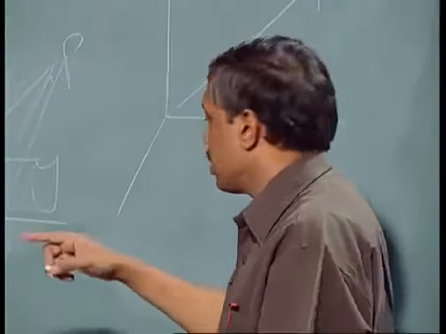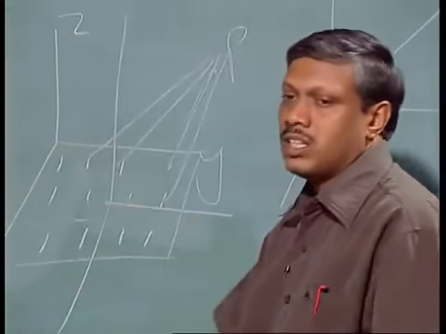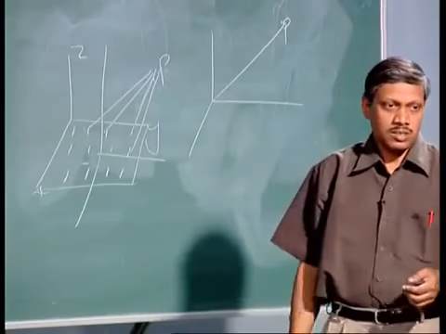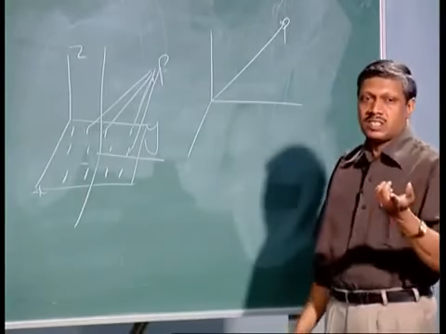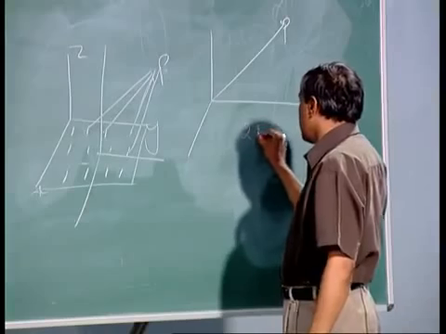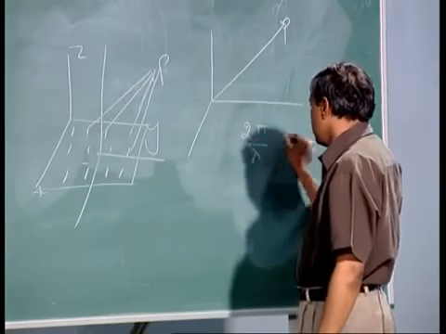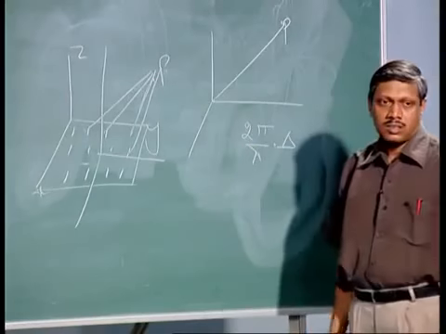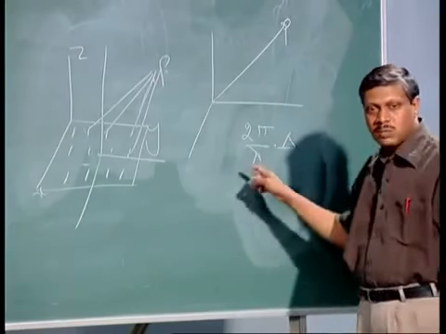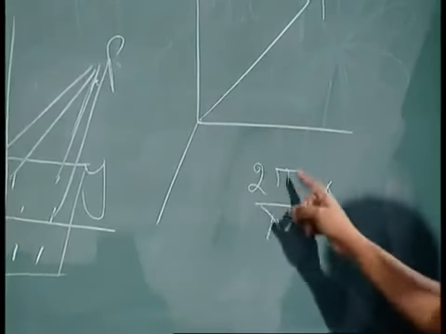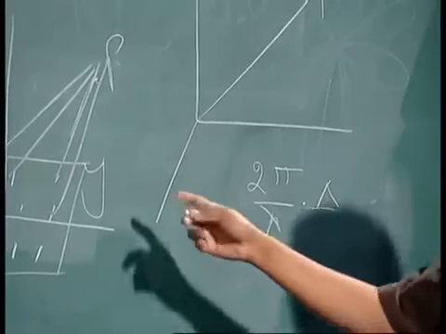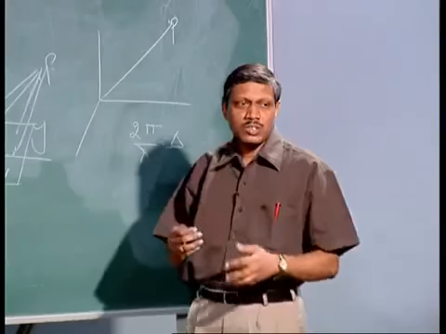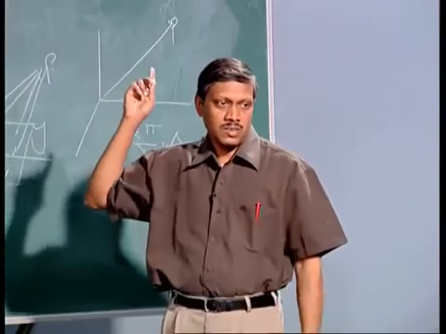So, the signal from each individual element travels a different path. So, there will be a phase because of the path, which we write as 2 pi by lambda into the path. This path difference will lead to a phase difference between the individual elements. But you have to create a situation of constructive interference there.